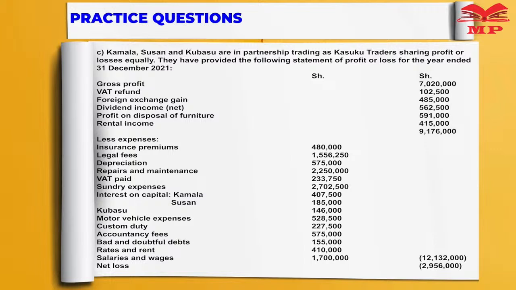We have the gross profit, VAT refund, foreign exchange gain, dividend income net, profit on disposal of furniture, rent income, then total income, then less expenses: insurance premiums, legal fee, depreciation, repair and maintenance, VAT paid, sundry expenses, interest on capital for Kamara, Susan, and Kubasu, motor vehicle expenses, customs duty, accountancy fee, bad and doubtful debts, rates and rent, salaries and wages, net loss.